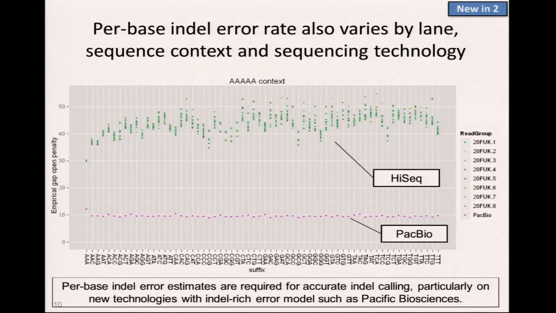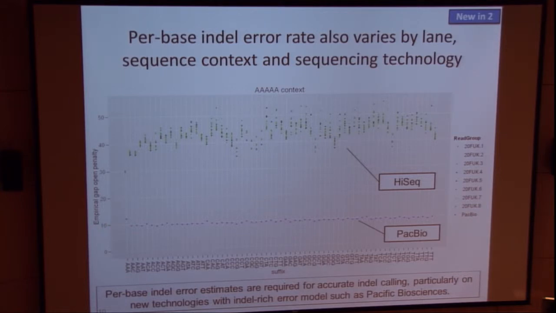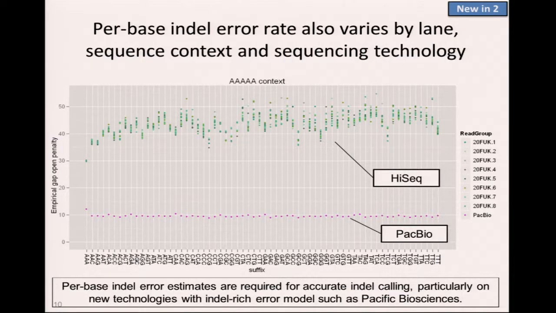But to contrast that is the Pacific Biosciences, where it makes a lot of indel errors. Each indel actually only has Q10 accuracy, which is quite bad, but it's beautifully unbiased by sequencing context. Does everyone see the difference there?